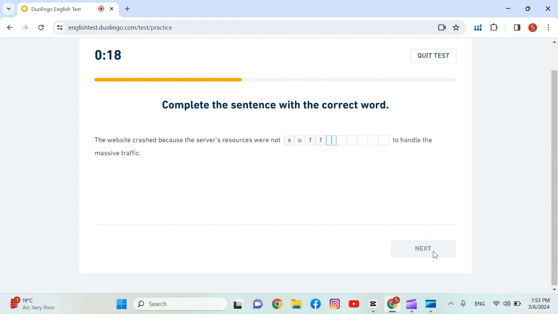The website crashed because the server's resources were not sufficient to handle the massive traffic. The essay assignment was further complicated by the requirement that we had to write it by hand.